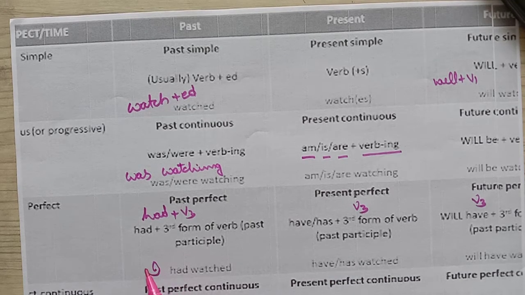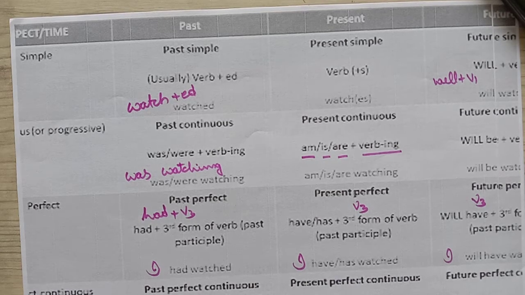You can add a subject: I had watched, I have watched, I will have watched. Past perfect continuous is had been plus v1 plus ing: I had been watching, we have been watching, she has been watching, and will have been watching.